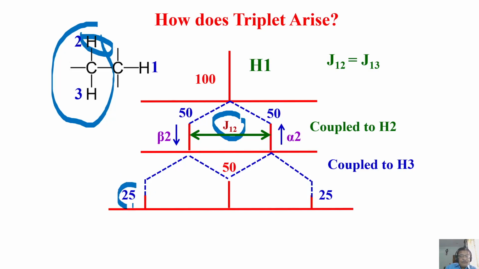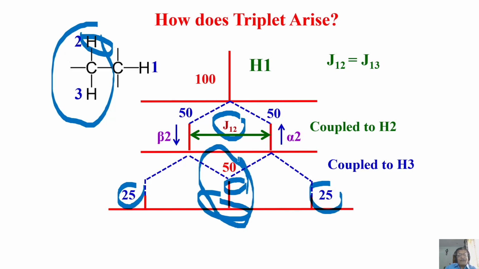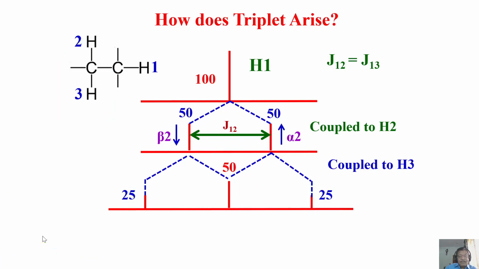This is 25, here 25, here 25, and another 25 here. Because this doublet is 25-25 intensity, and this doublet has 25-25 intensity, this will overlap and give us 50 intensity. You understand now? In this case, this is 50% intensity because two lines of this intensity are overlapped here.